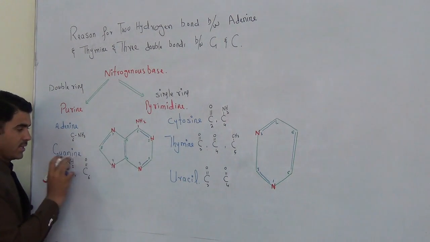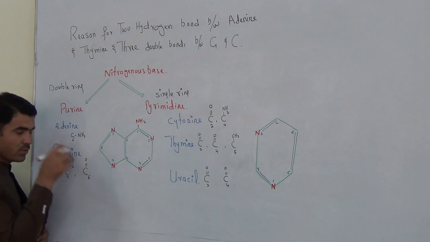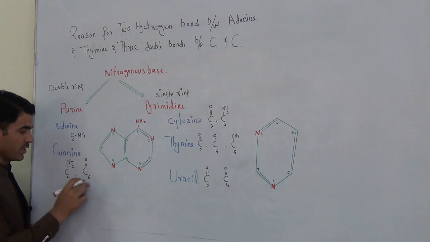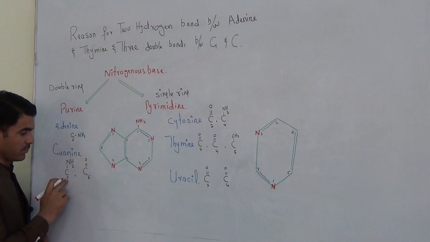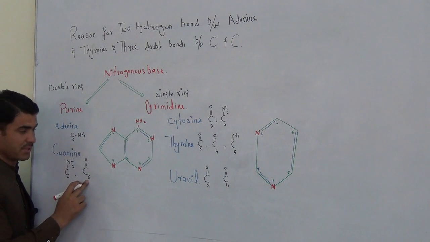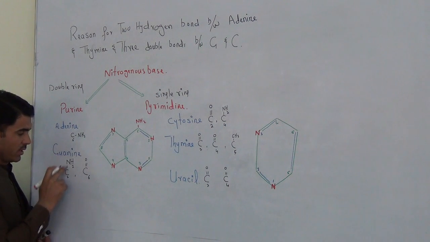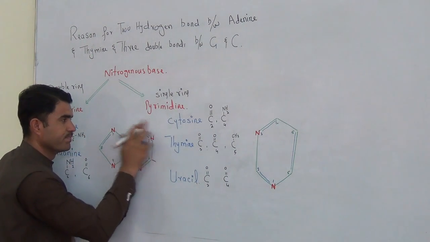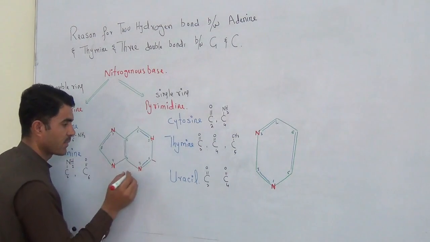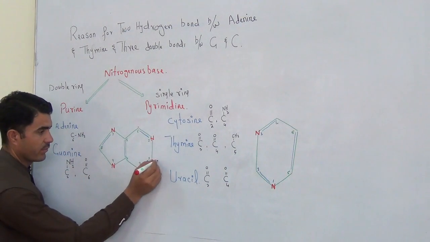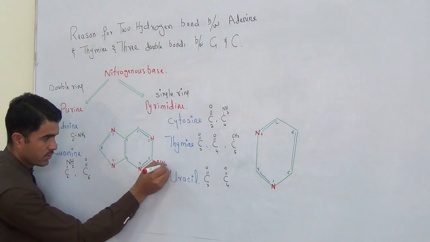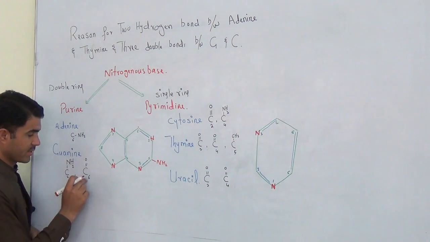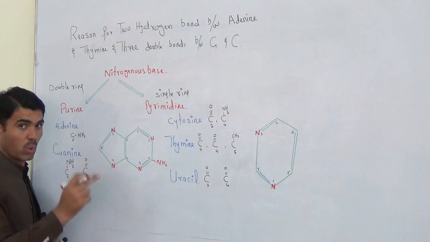If you want the structure of guanine, you have to see that in guanine we need 2 carbons. One is carbon number 2 and the other is carbon number 6. At carbon number 2 there is NH2. So you must write here. Okay, I'm going to just erase it. At carbon number 2 we have NH2, and at carbon number 6 we have double bond O, right?